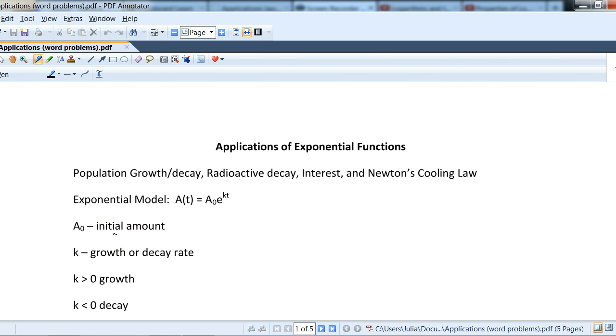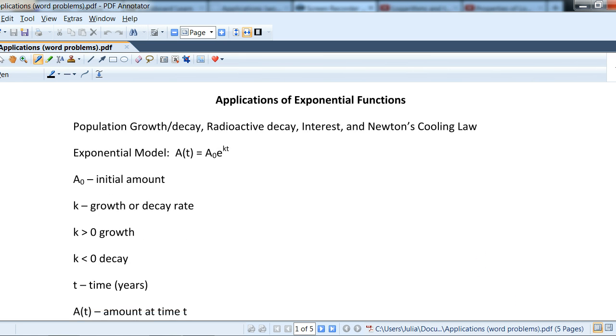So A0 is basically the initial amount, whether it's money, population, whatever it happens to be. k is usually the growth or decay rate. It could be written as a decimal or as a percentage, which means you have to convert it to the decimal. If it's greater than 0, generally we have growth. If it's less than 0, we have decay. And t is time, which could be years, but it could really be minutes.